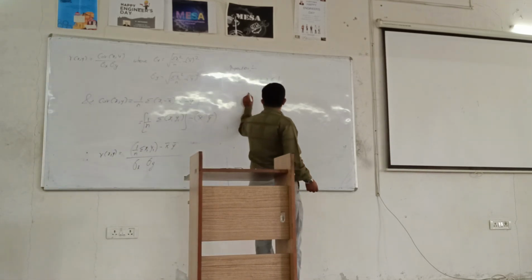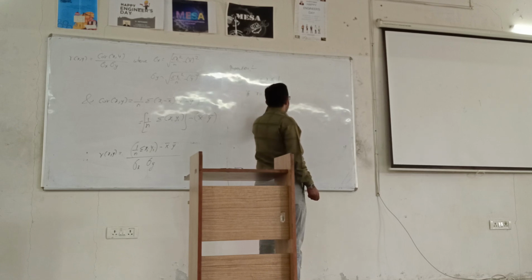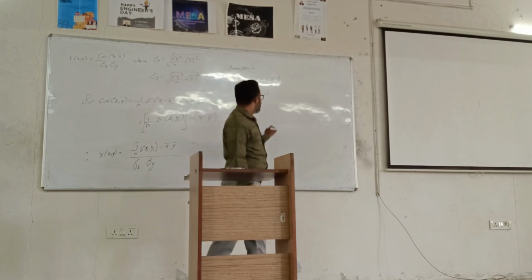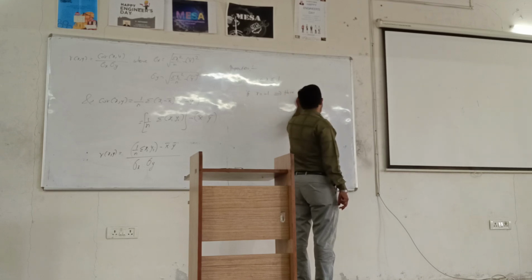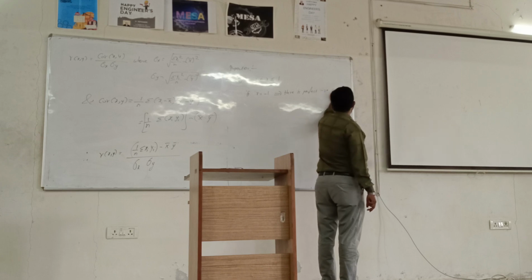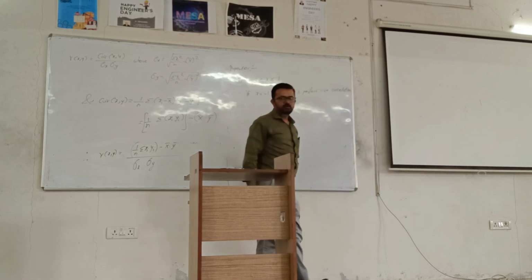Now, if R equals -1, it implies there is perfect negative correlation.